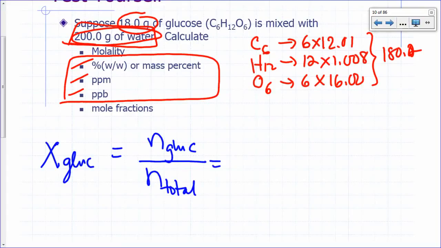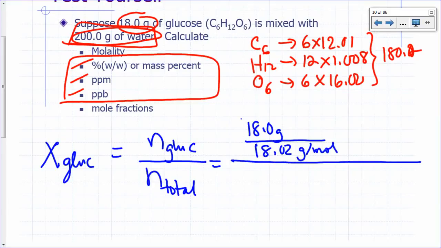So how do we solve for moles of glucose? We have 18.0 grams of glucose divided by the molar mass. You divide the mass by the molar mass. That gives you moles. And the total would be glucose and the water.